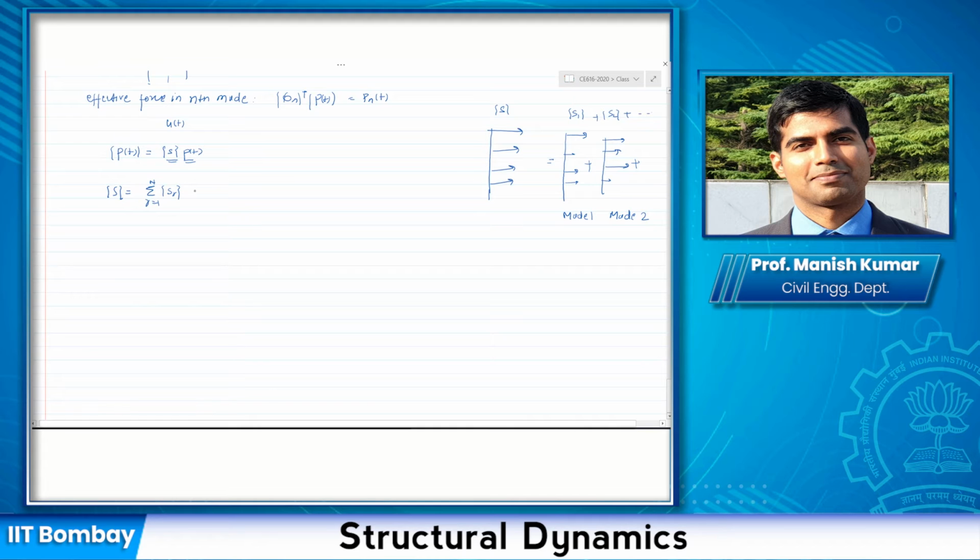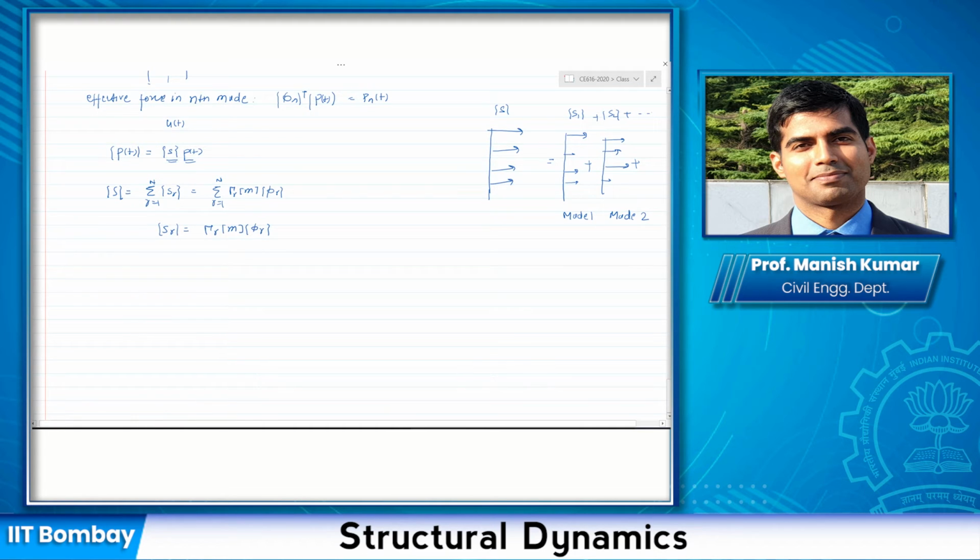Now this can be written with a modal participation factor, which we write as gamma_r, times the mass matrix times phi_r, which is the mode shape vector for that particular mode r, and then summed over. So basically my s_r here is nothing but this quantity here.